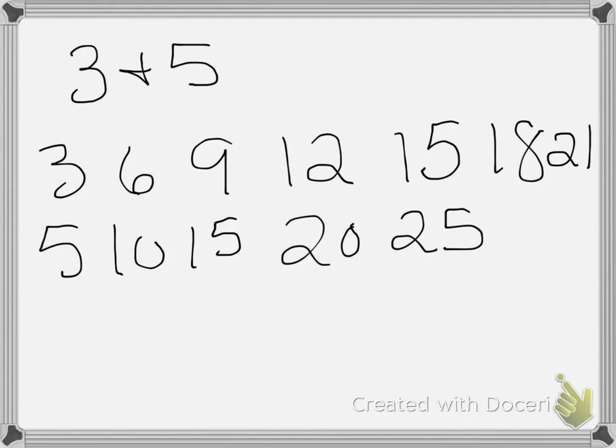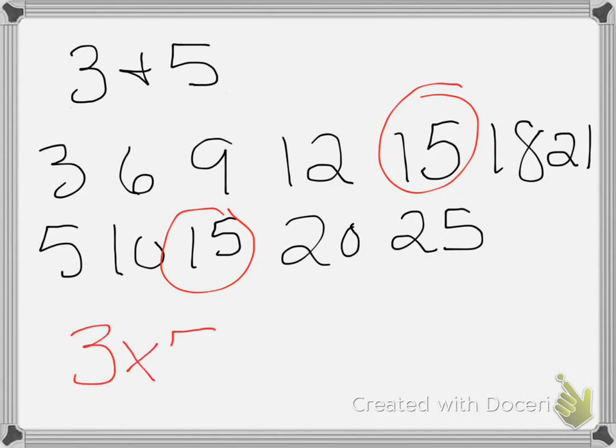So our common multiple is 15, and 3 times 5 equals 15. So their least common multiple is 15, and their product is 15. So you need to find 2 other pairs. So one pair might be 3 and 5, and then you need to find 2 other pairs.